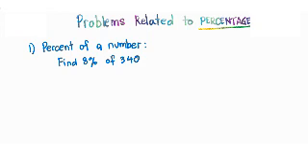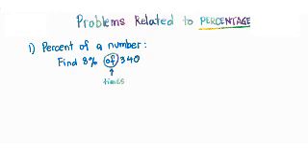Problems related to percentage. First, percent to be number. Find 8% of 340. To find 8% of 340, of means multiply, times. Always remember the word of.